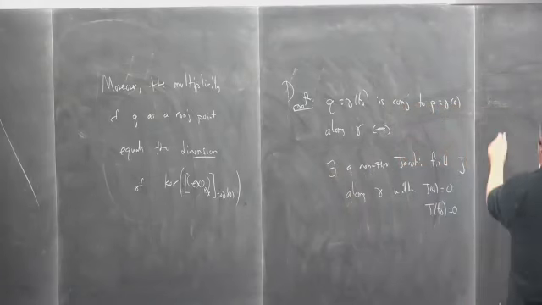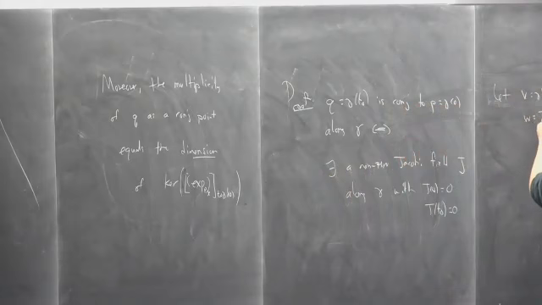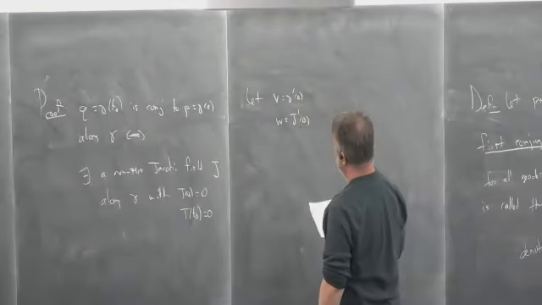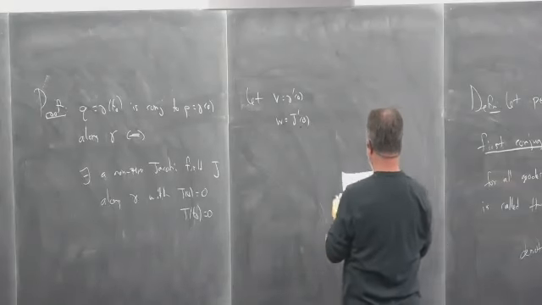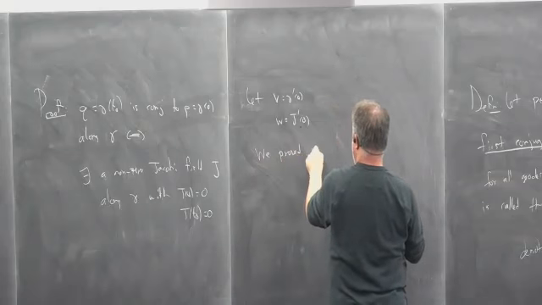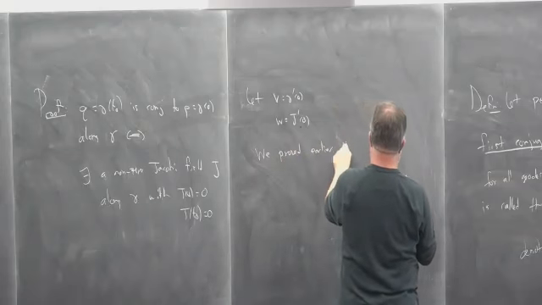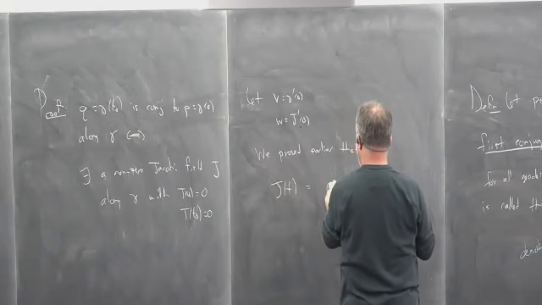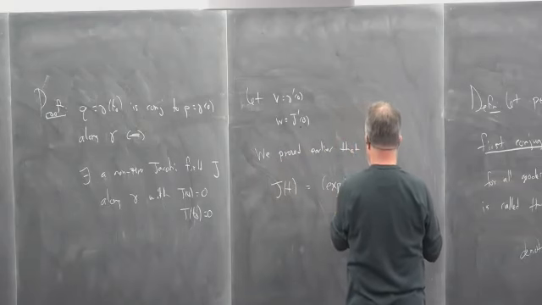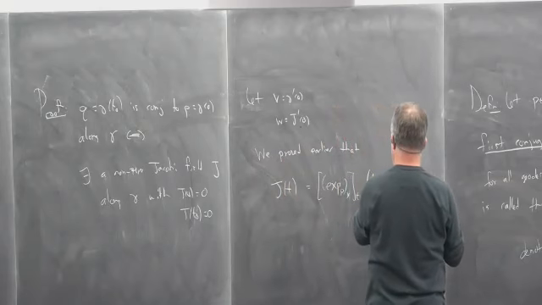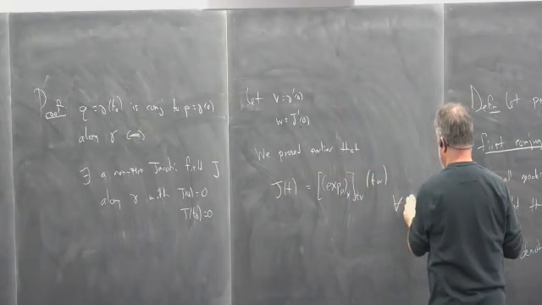Let's let V be gamma prime of 0 just to simplify things, and let W be J prime at time 0, the initial covariant derivative of this Jacobi field. So we proved earlier that J of T is XP star at TV applied to TW for all T in [0, a].